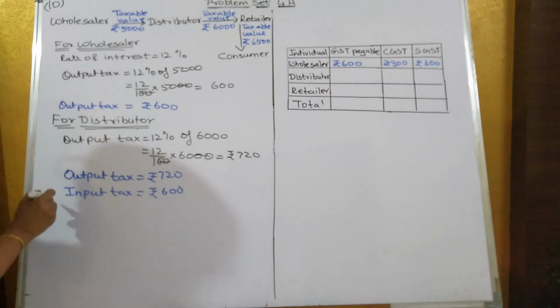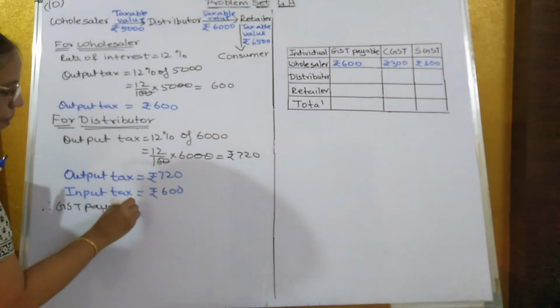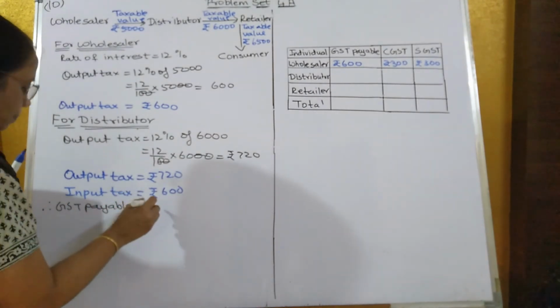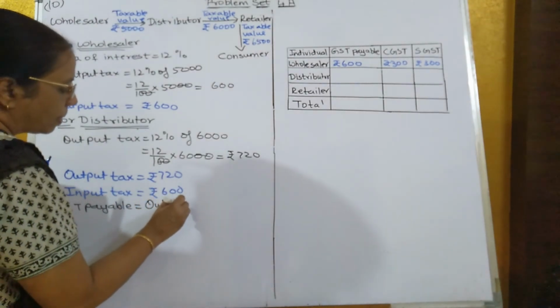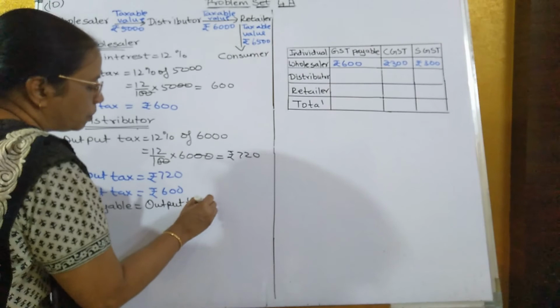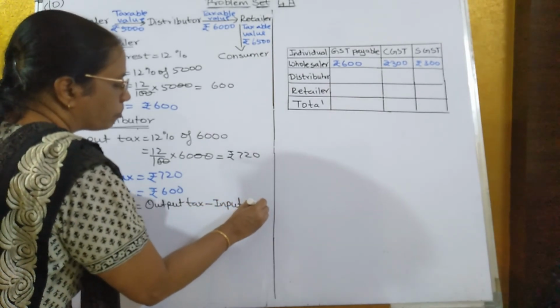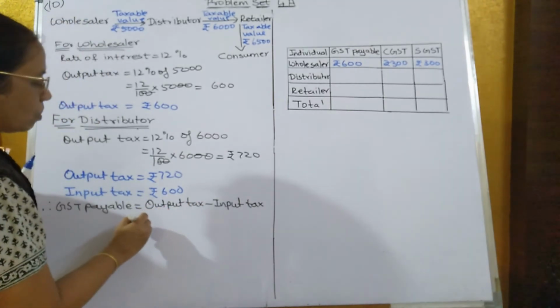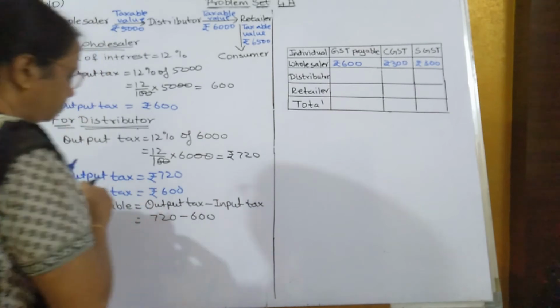Therefore, GST payable is equal to output tax minus input tax. So that is equal to 720 minus 600.